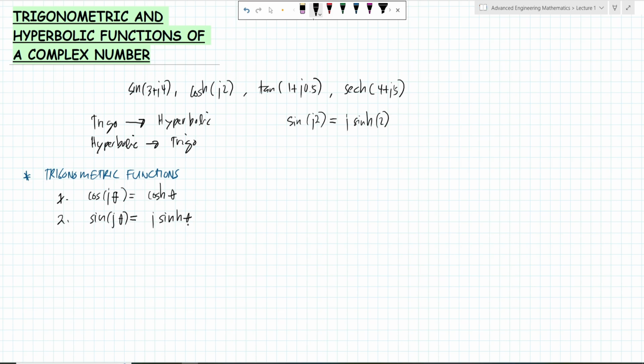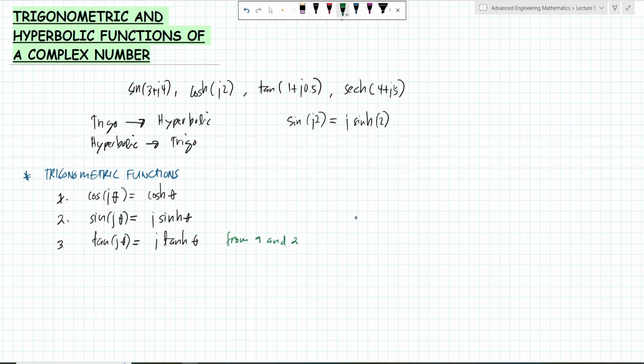Once you know the cosine and sine, you can already derive the formula for tangent. Number 3: the tangent of j theta is equal to j tan hyperbolic of theta. This is derived from 1 and 2.